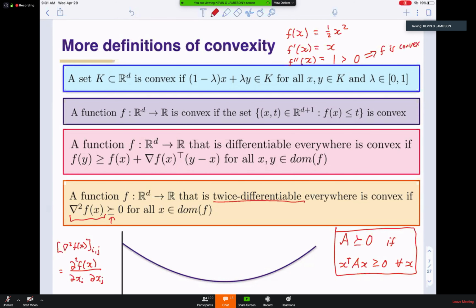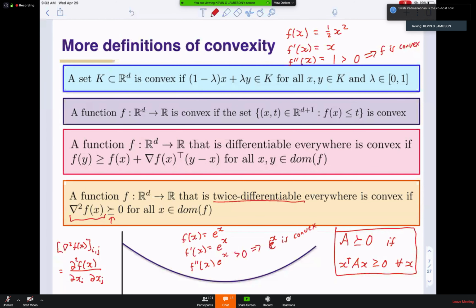Another one, e to the x. F of x equal to e to the x, f prime of x equal to e to the x, f double prime equal to e to the x. That was a particularly bad example, I'm realizing now. Well, this is always greater than 0 for all x, which implies that e to the x is convex.